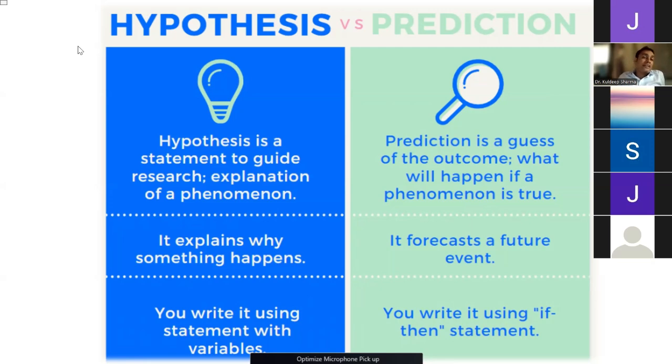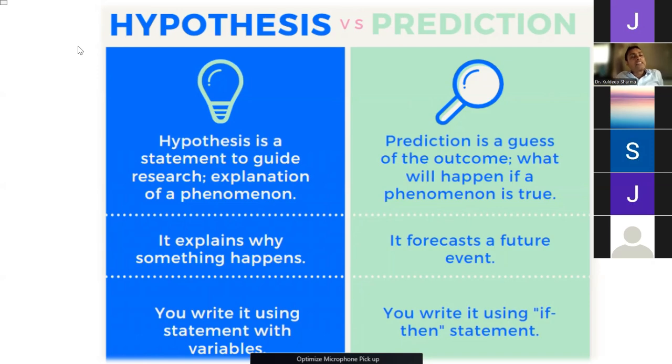I can predict that one day we will have a technology where we can cover the distance between Earth and Moon in 20 hours, or in less than one day. That is my prediction. But can it be a hypothesis? No, hypothesis requires some evidential support, whereas prediction doesn't.